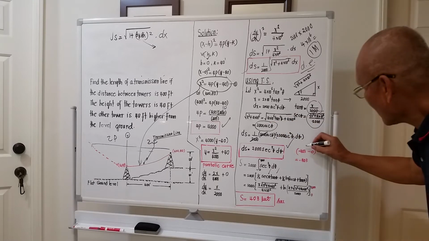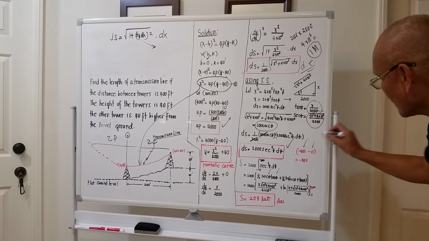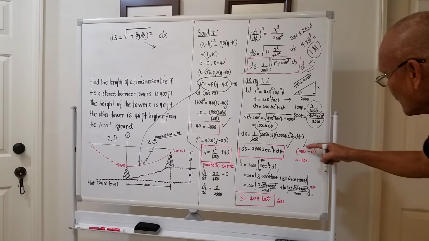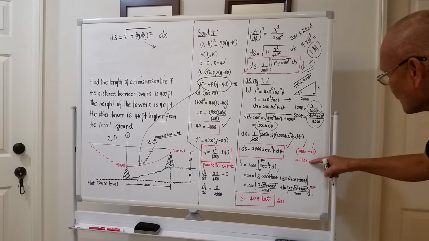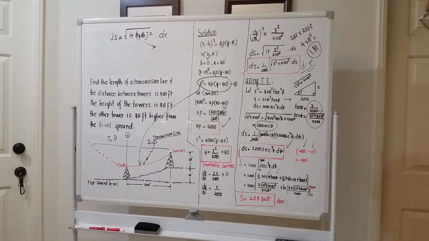The value of the upper limit is 0.403. The value of the lower limit will be 0. 0.403 minus 0 is 0.403. So if we try to go back here, is it 1 over 2,000? 2,000, hold on.